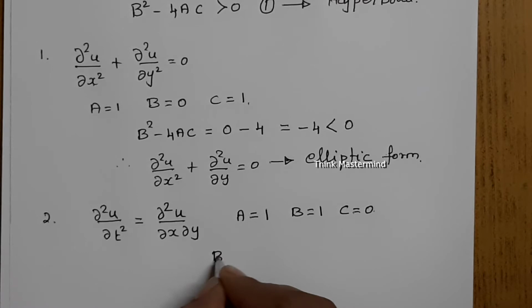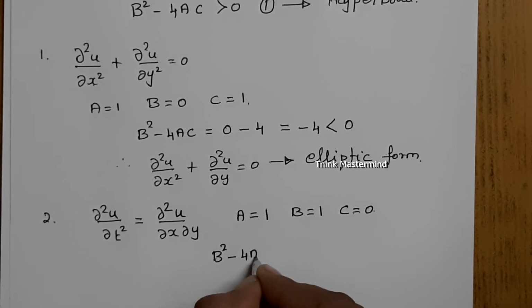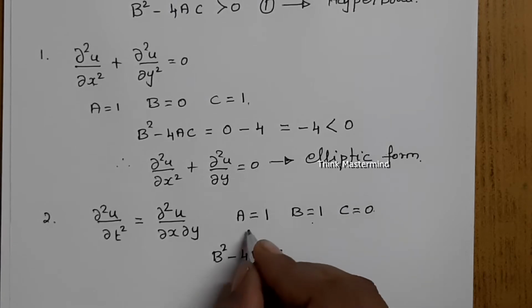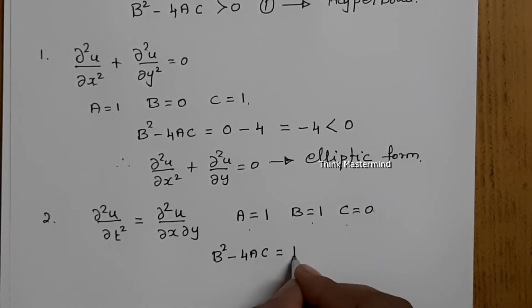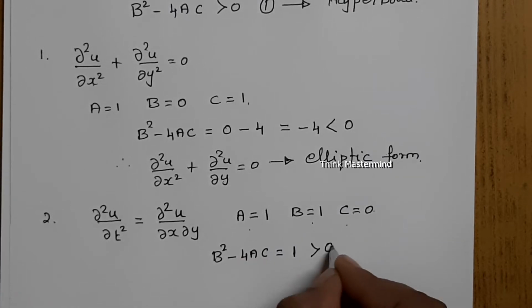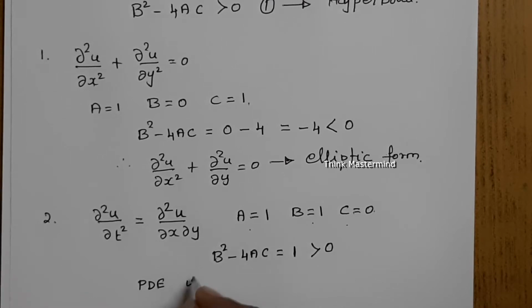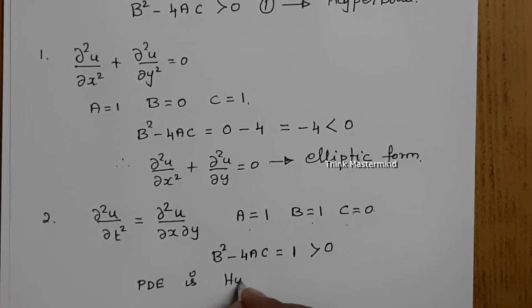Therefore b² − 4ac: b² value is 1, a is 1, c is 0, so it is equal to 1, which is greater than 0. Therefore the given partial differential equation is hyperbolic.